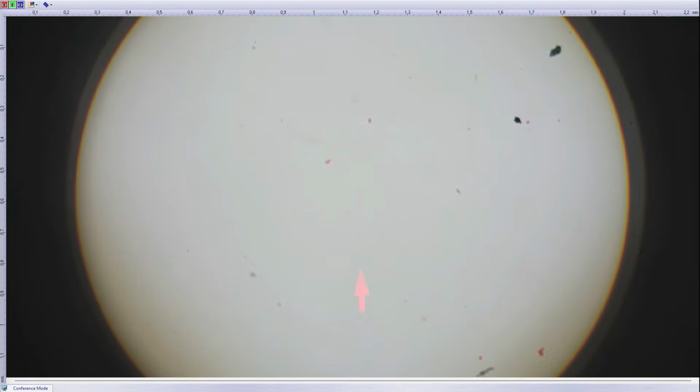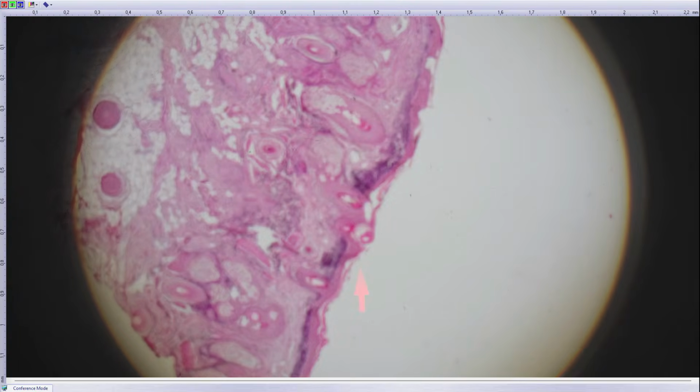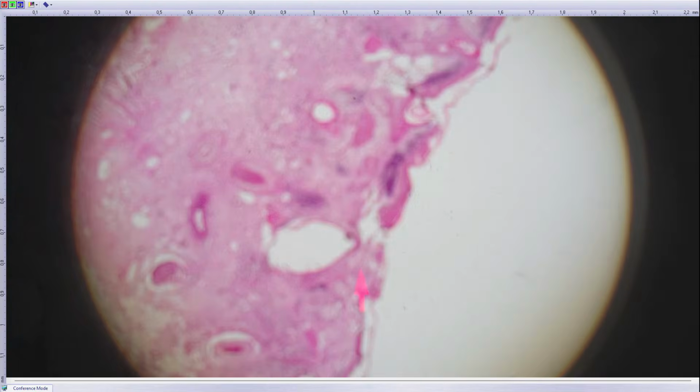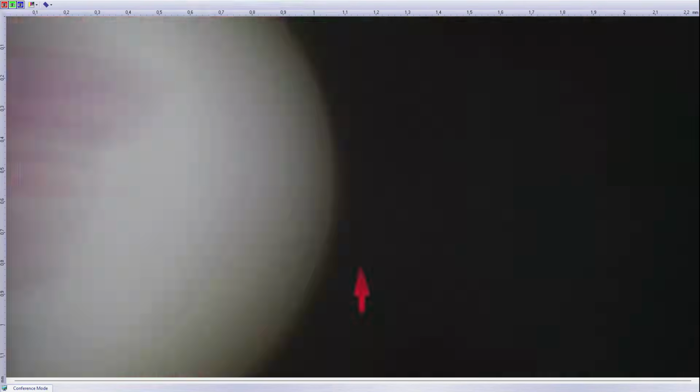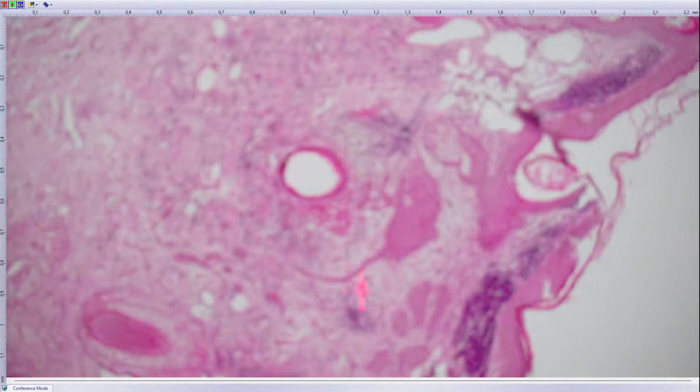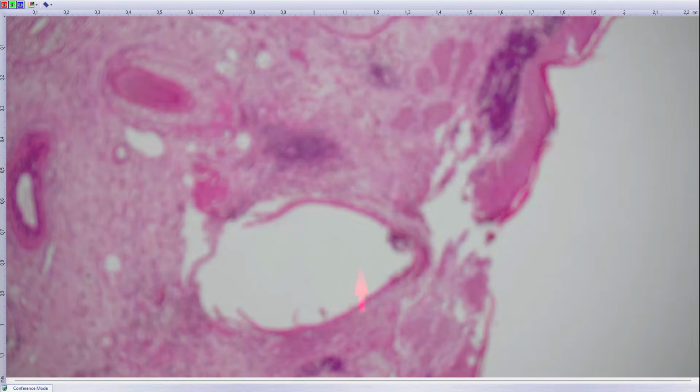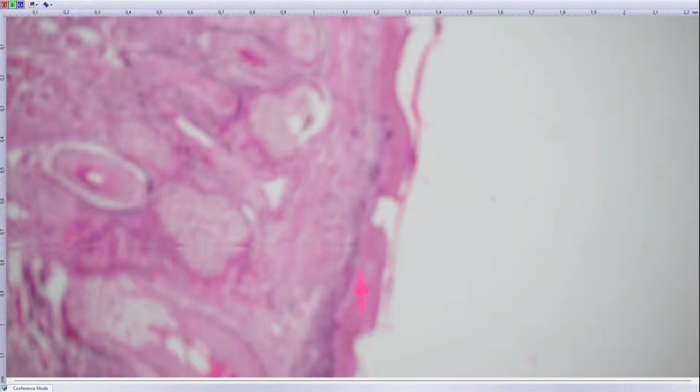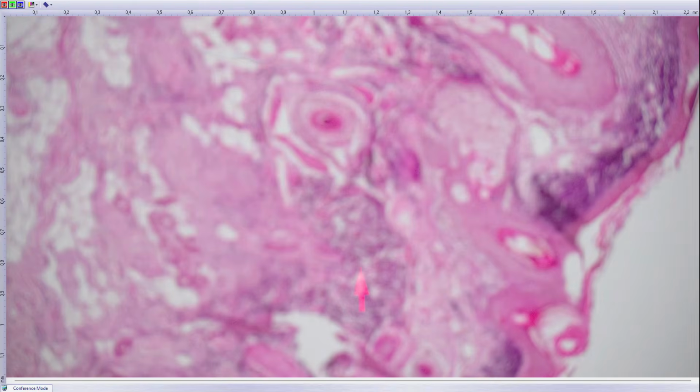And the elastica staining looks like that. You do see that band-like hyperplasia all over the lesion, going deep into the dermis.